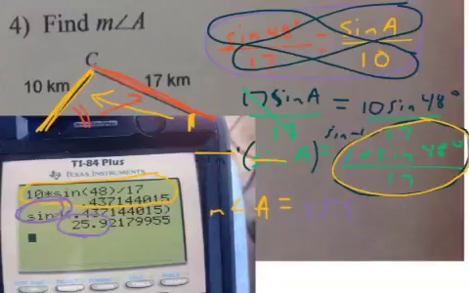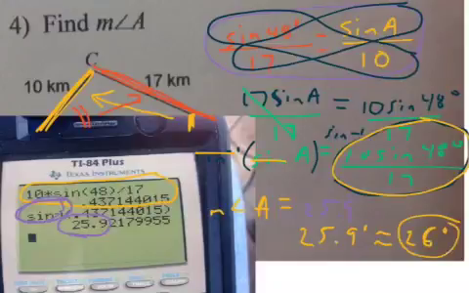That's not showing up very well. Let me use gold. So it's 25.9 degrees, or if we round it off, it's approximately 26 degrees. Okay? So pause the video and make sure you follow along with what we did on this problem.